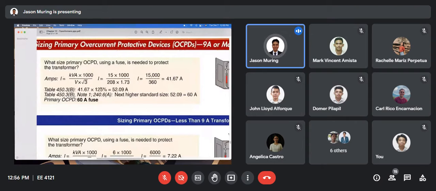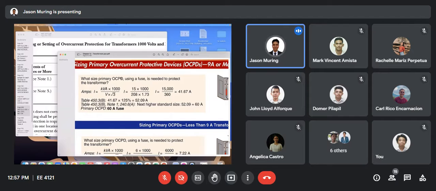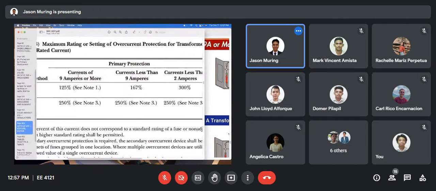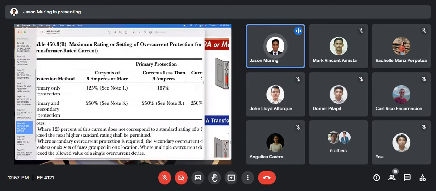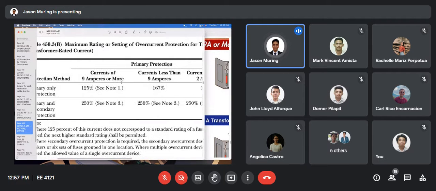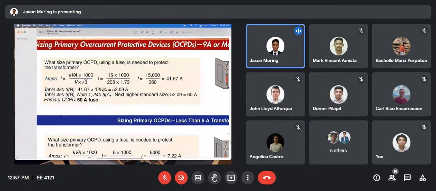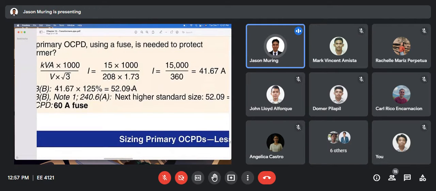So the current is, not 52, but 41.67. That is greater than 9 amperes, so therefore we have to use this one, 125% for the primary protection. So 125% times 41.67 gives us 52.09.